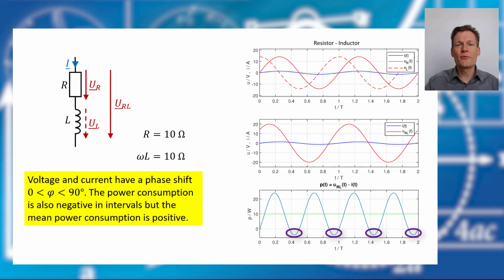So if we have a phase shift between current and voltage, and the absolute value of this phase shift is bigger than 0 degrees but smaller than 90 degrees, then we have active and reactive power consumption, and that means that the mean value of the power consumption is positive, but there are time periods where the power consumption is negative.